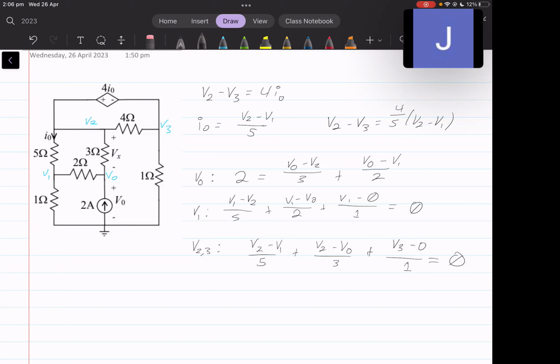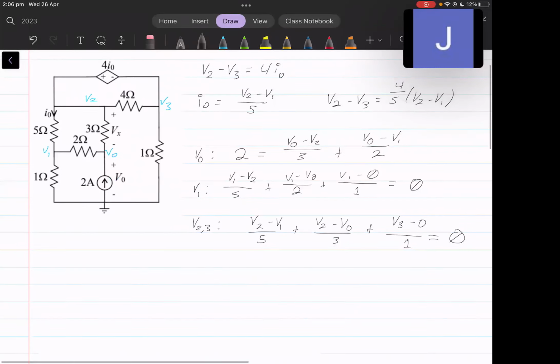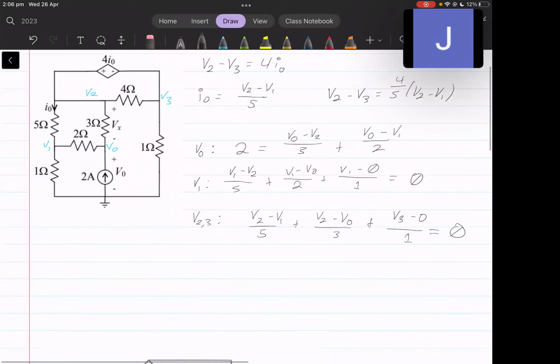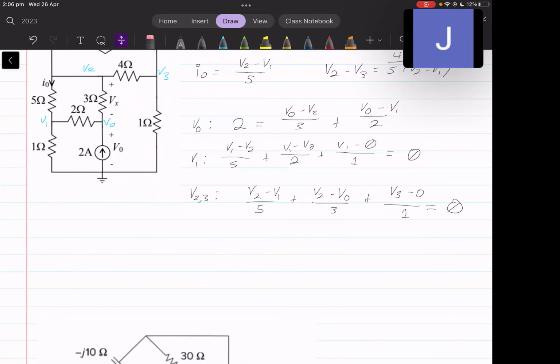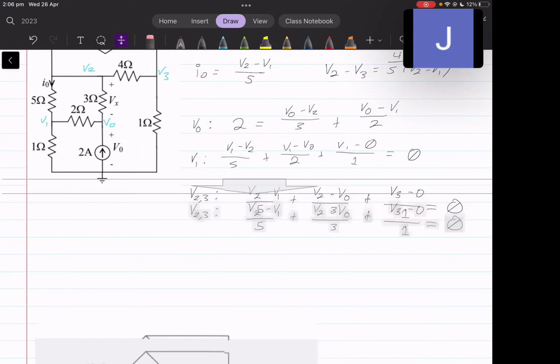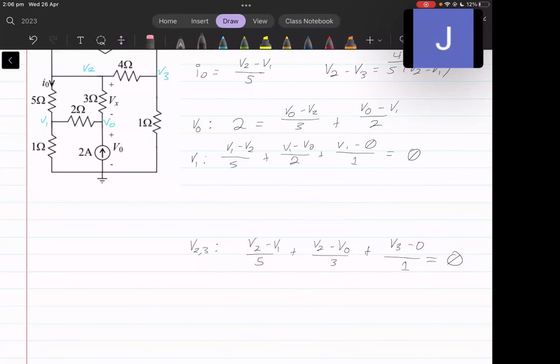And then this gives us a lot of simultaneous equations to solve, which can be a bit difficult, but we'll start by just simplifying these down a little bit.